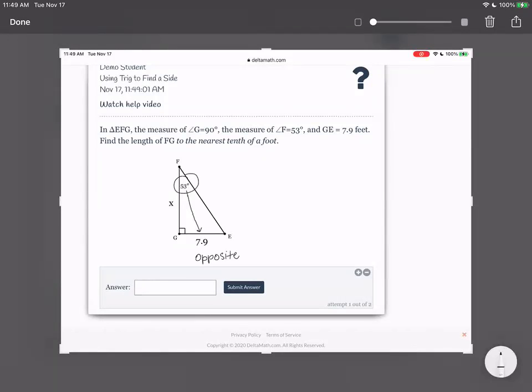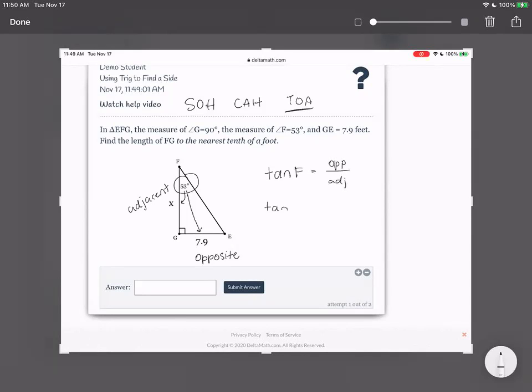And then what about the one that's right next to our reference angle? Adjacent. Cool. So we got opposite and adjacent. Let's take a look. So CAH and TOA, which one uses opposite and adjacent? TOA, yes. And the T in TOA stands for tangent. So we have tangent of the angle F is equal to opposite over adjacent.